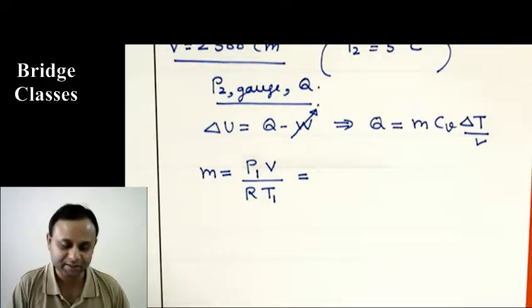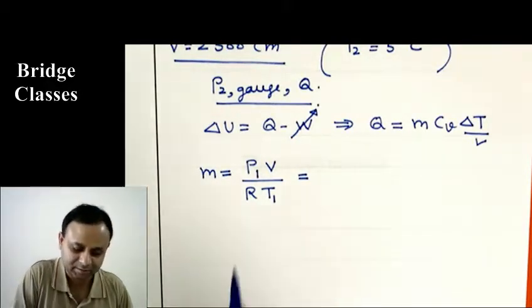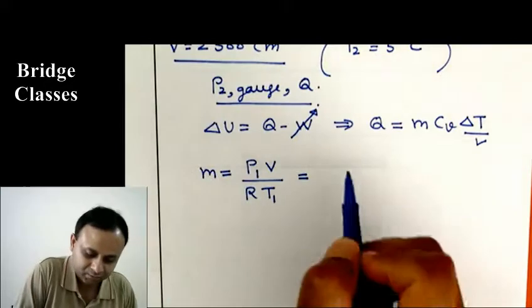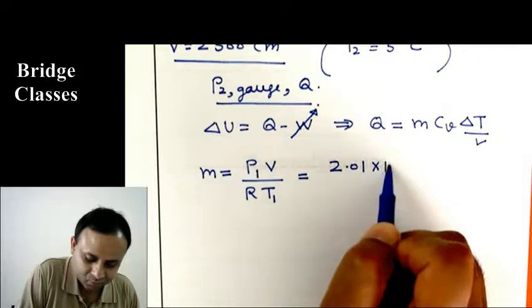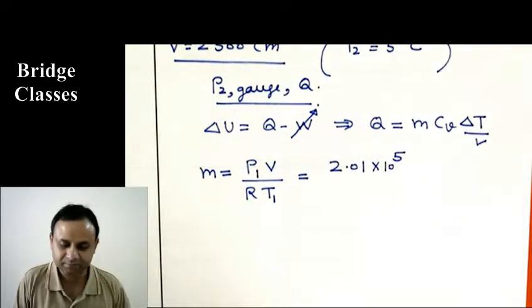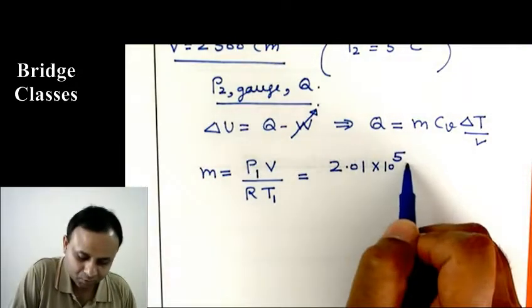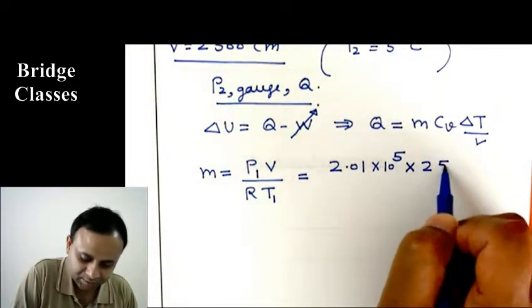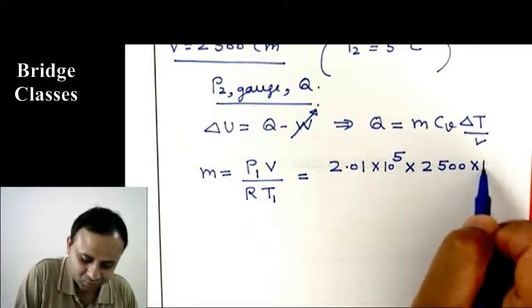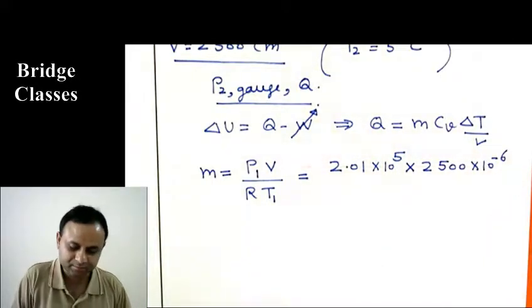When we are using the ideal gas law, pressure is absolute pressure. So this will be 2.01 bar, but convert this to Pascal: 2.01 times 10 to the 5. Volume is 2500 cubic centimeter, which you have to convert to cubic meter, times 10 to the minus 6.